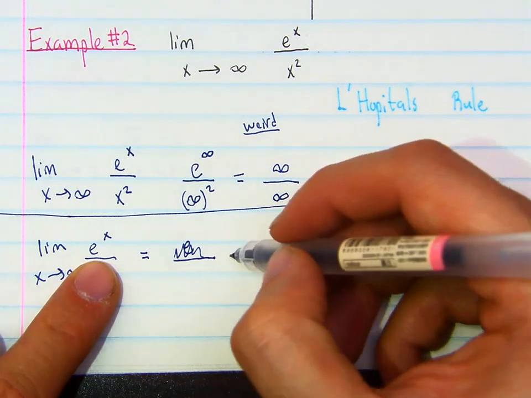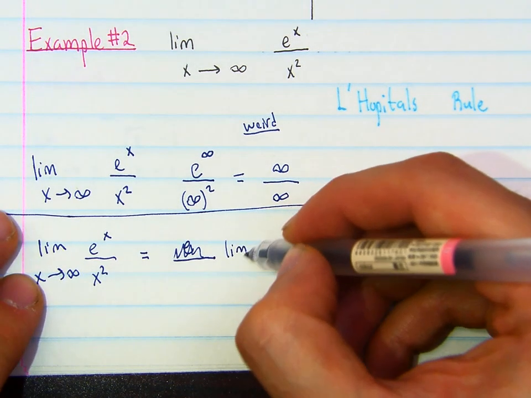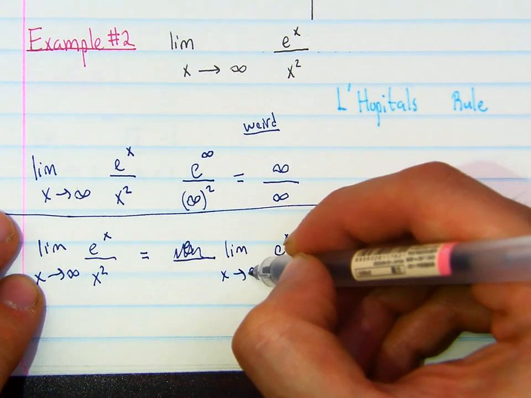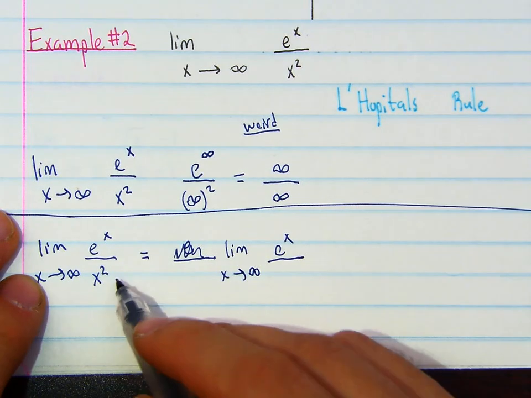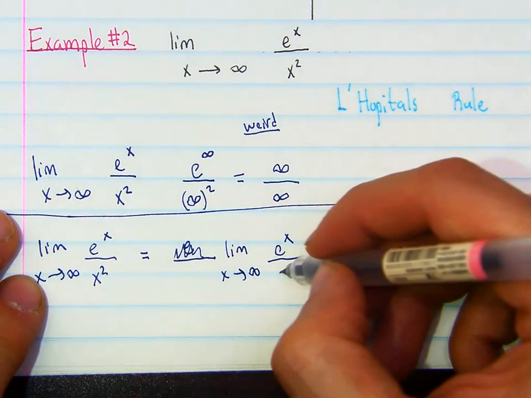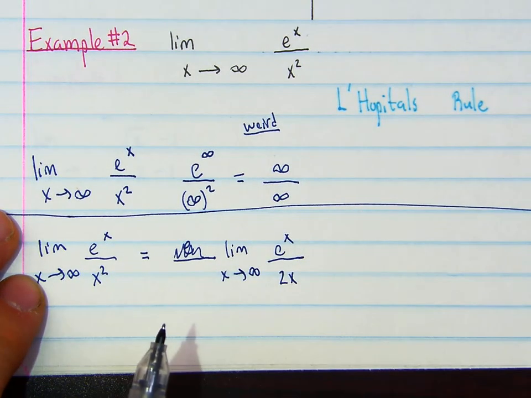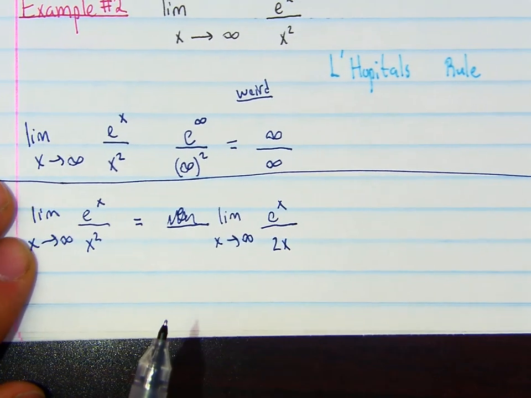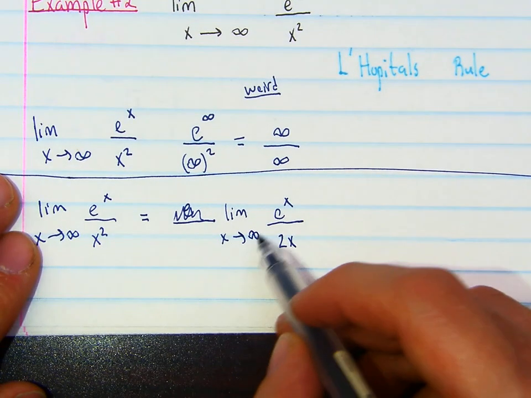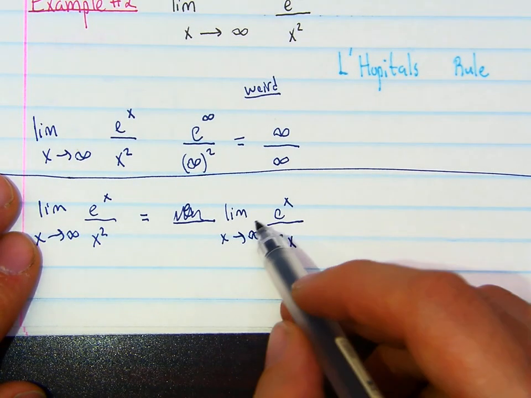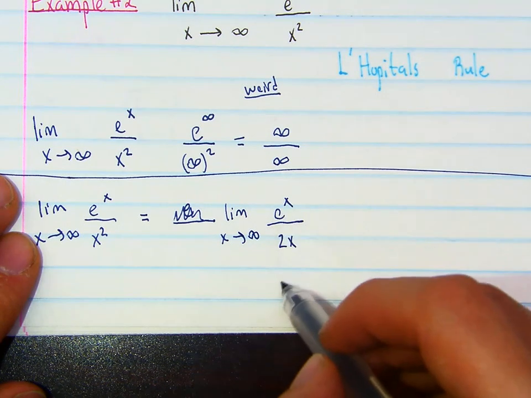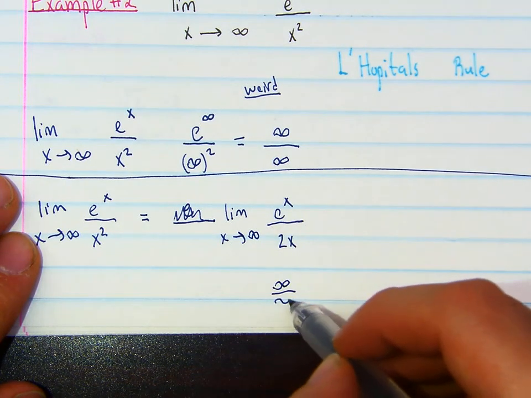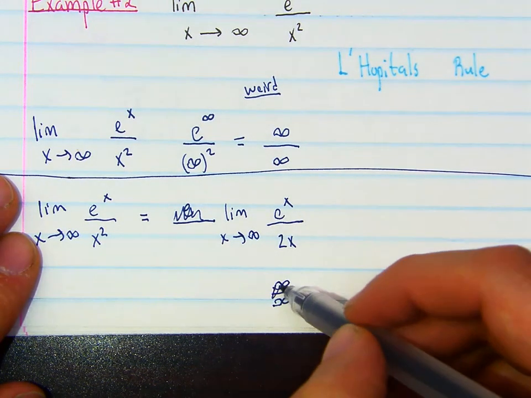Okay, so we continue. The limit as x approaches infinity of e to the x over, now what's the derivative of x squared? Notice that it's 2x. But you see the problem: if I plug in infinity, we're still going to get infinity over infinity. So it's still a little weird.